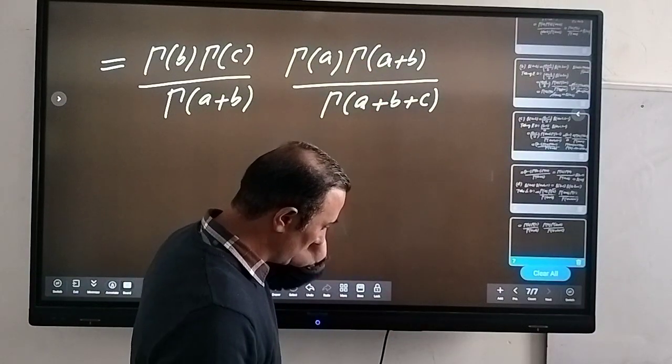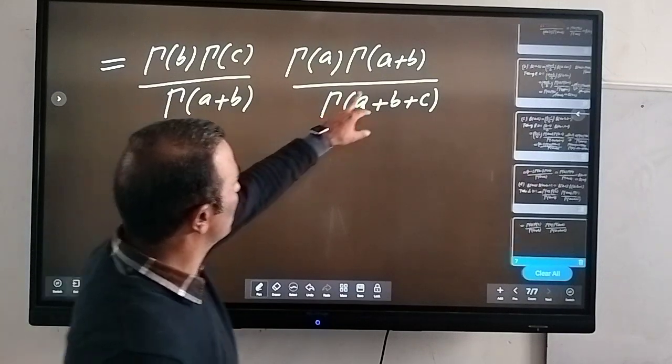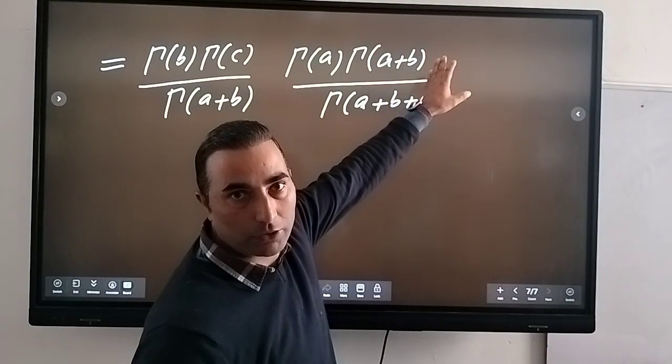So can we cancel something? This gamma of A plus B will cancel with this, because we have one gamma of A plus B in the numerator and denominator.